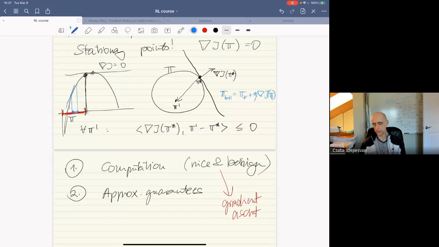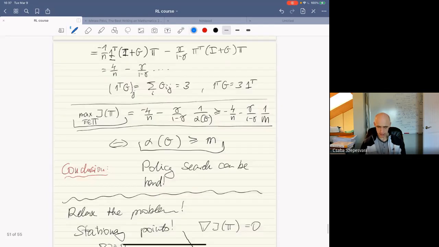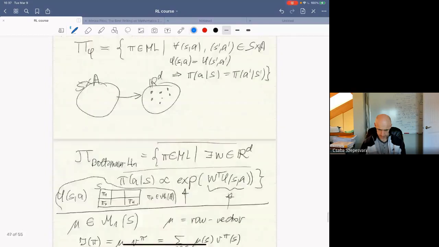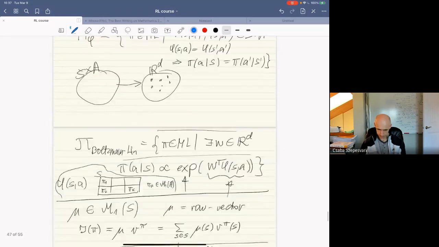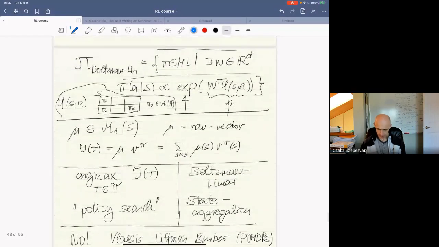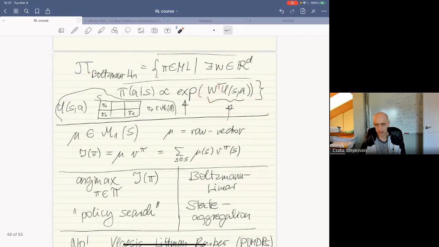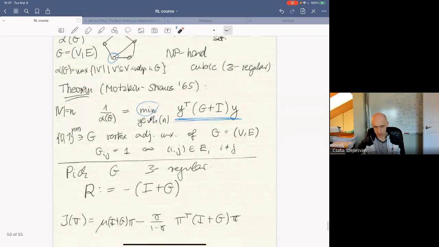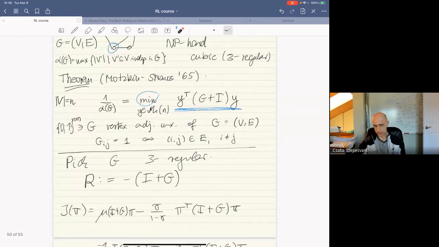Well, this is if you can represent all the policies, but very often you have a policy parametrization that you're working with. Like in the case of the Boltzmann policies, there were these weights, the W. And so all the policies are represented with the W, so let's take the gradient with respect to the W. So that just means that you take the gradient of J with respect to the policy, and you take the gradient of the policy with respect to W, like chain rule.